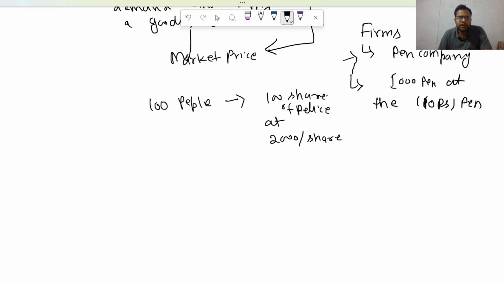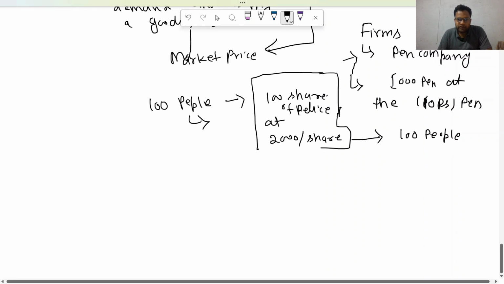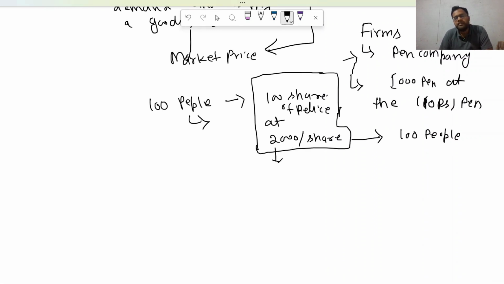These people are willing to buy these shares at this price, and on the other side, 100 people want to sell the same thing at 2000 rupees per share. So these interactions come into the market, where people buy and sell particular goods and service.